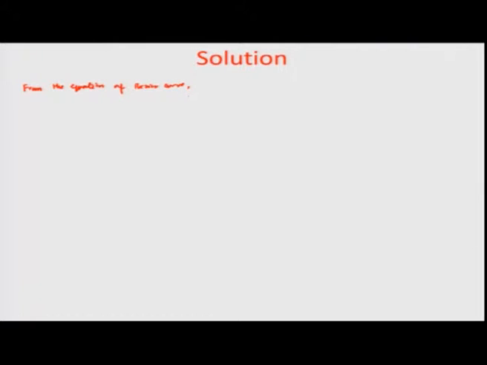Because the number of control points is 4, n becomes equal to 3. You know that n plus 1 control points are there, n plus 1 equal to 4.